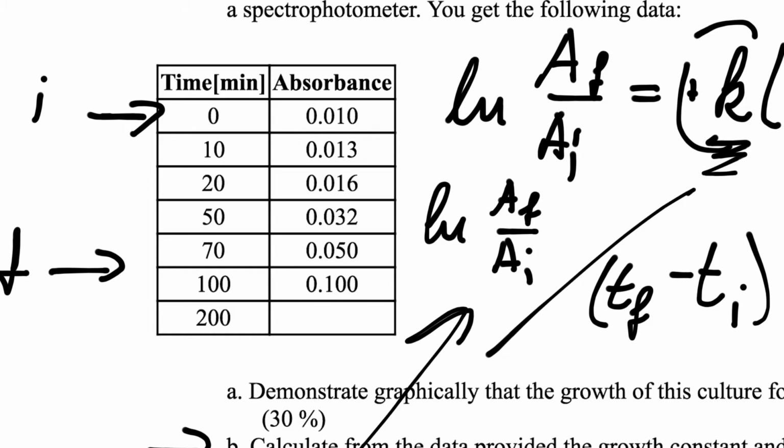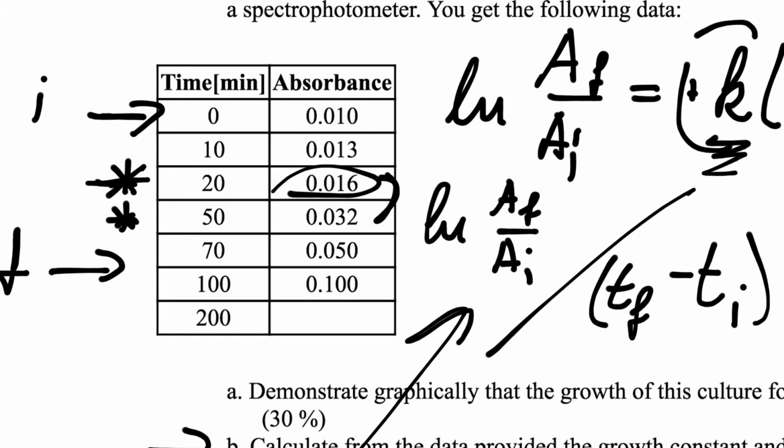Let's have a look at, for example, 20 minutes here. We have an absorbance of 0.016. If we wait 30 minutes, we would be here at 50 minutes, and we would expect that our absorbance has doubled from 0.016 to 0.032. And lo and behold, yes, it does. Hey, yeah, cool. We're good.